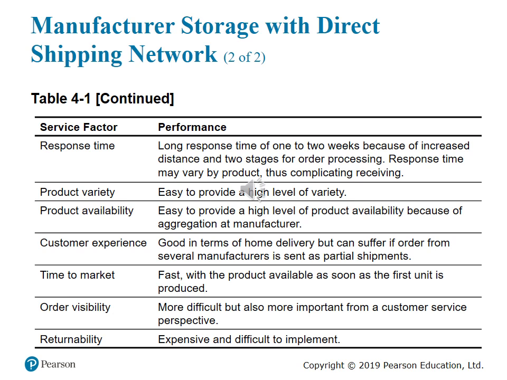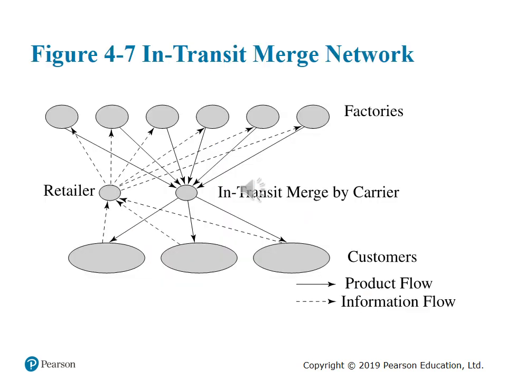Okay, next slide. This is the next type, or next option, for designing the network. We have the manufacturer storage with in-transit merge network. So what's the difference between this one and the previous one? Look, customers still place orders to retailers and retailers send the orders to factories or manufacturers.